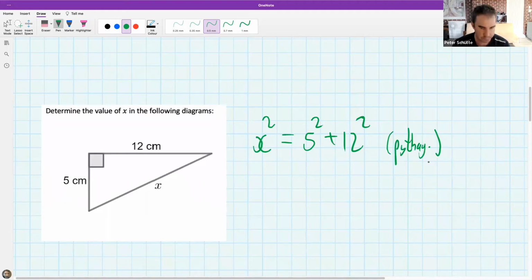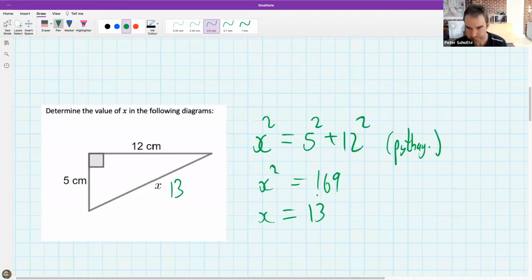And I think quite a few of you are going to get this. And then the last step is you square root both sides, and you would get plus or minus 13, but 13 because it's a physical distance. Okay, fantastic. And it's 13 centimeters.